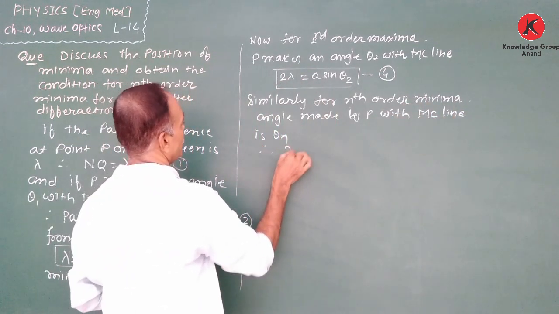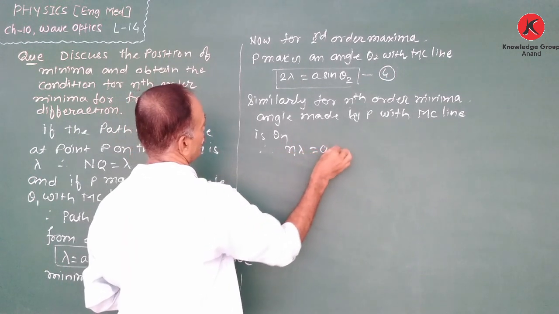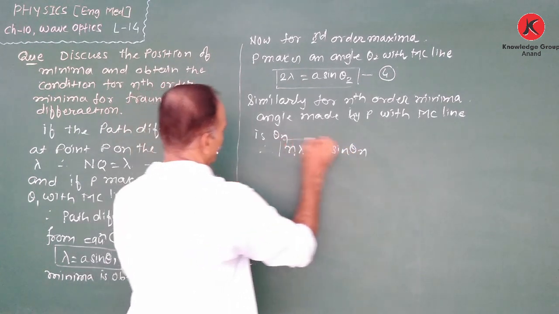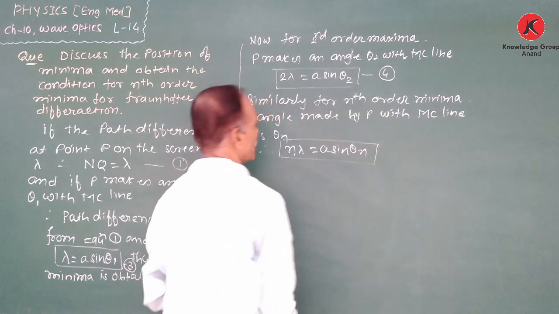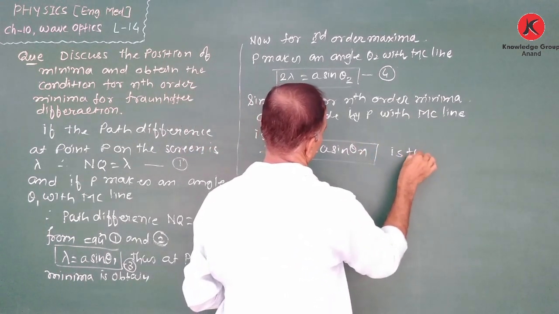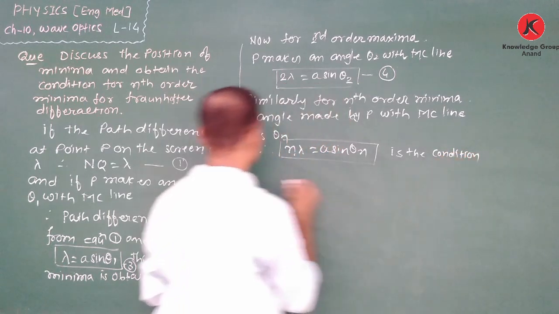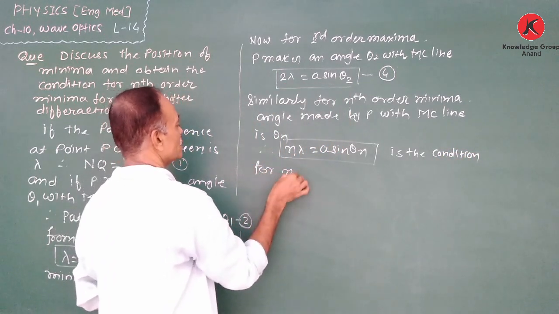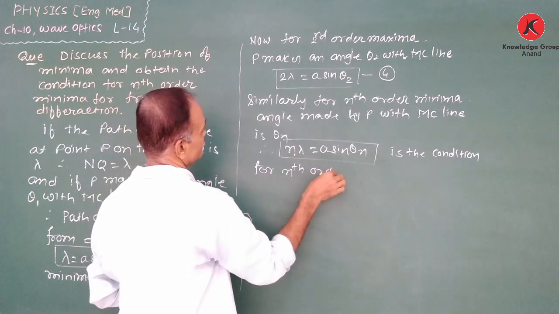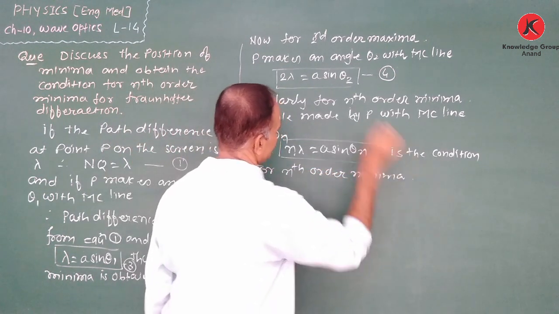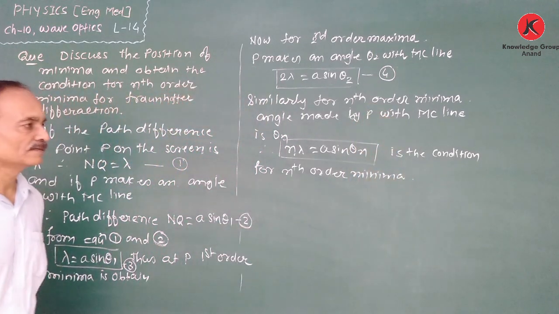Therefore, n lambda is equal to a sin theta n. This is the condition for nth order minima.